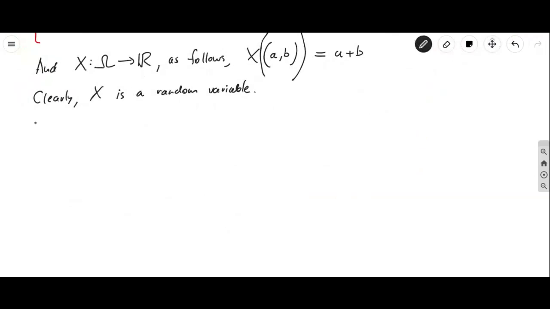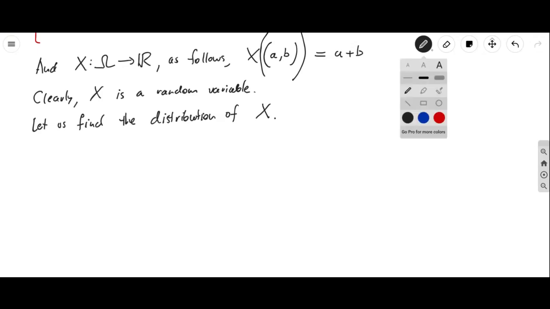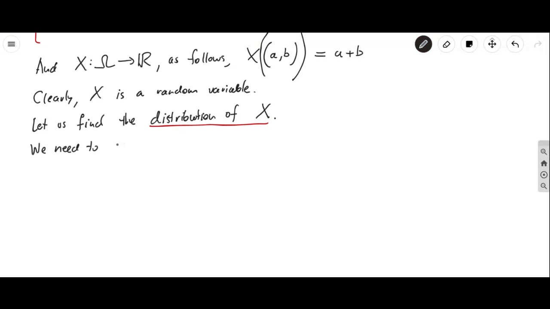Let us find the distribution of X. So what do we mean by the distribution? We need to find the push forward on the Borel algebra.